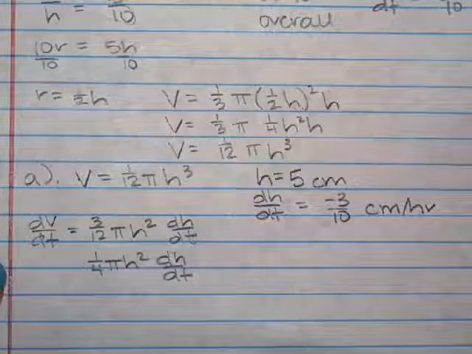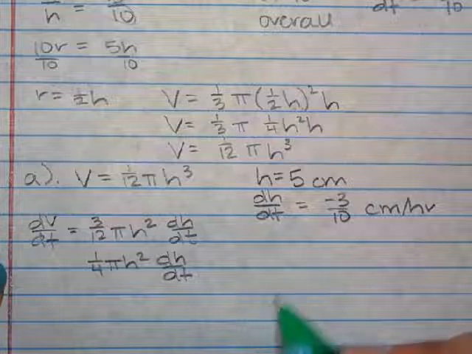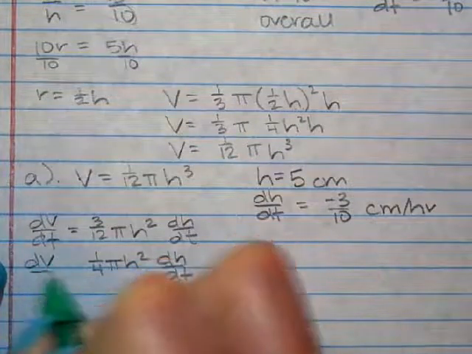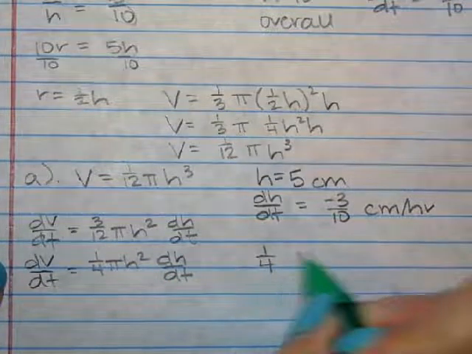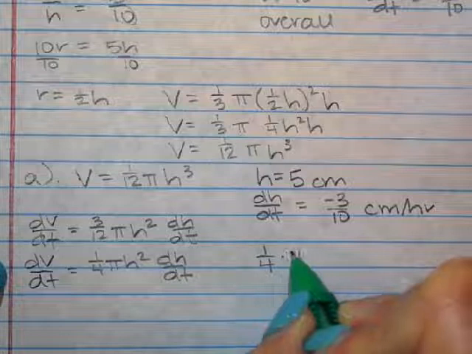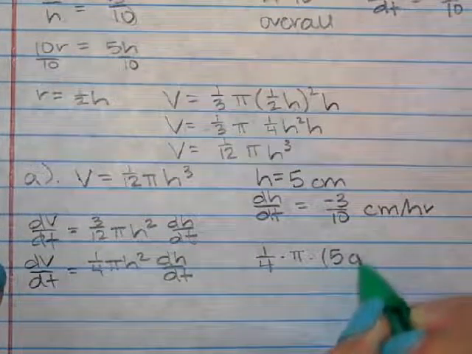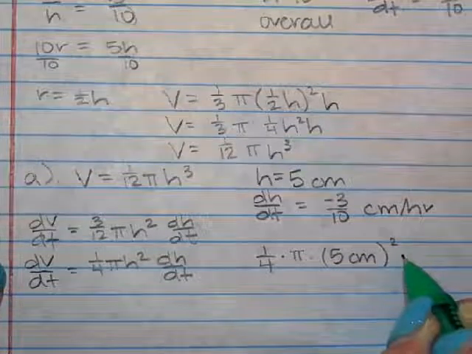So what do we do? Plug in the numbers. So we got 1/4 times pi times 5 centimeters squared times -3 centimeters per hour.